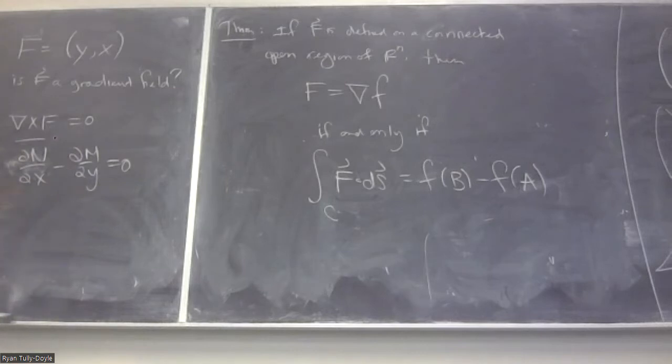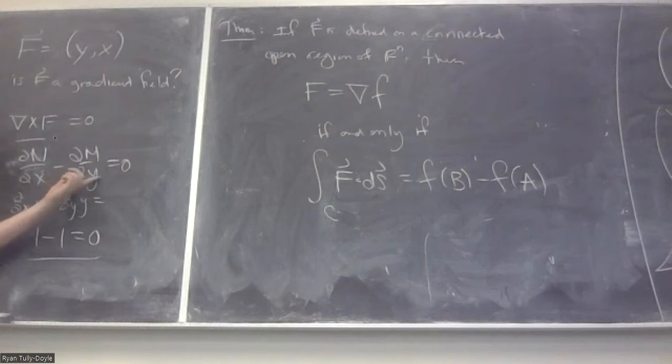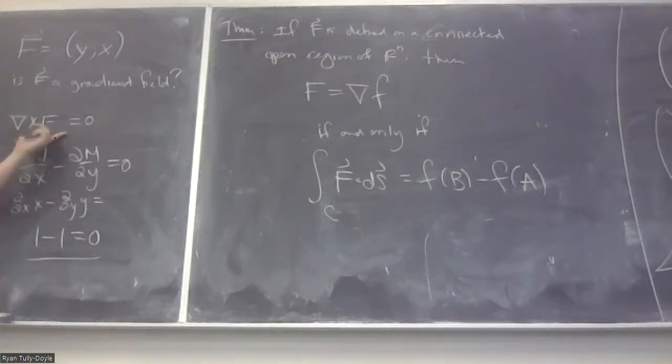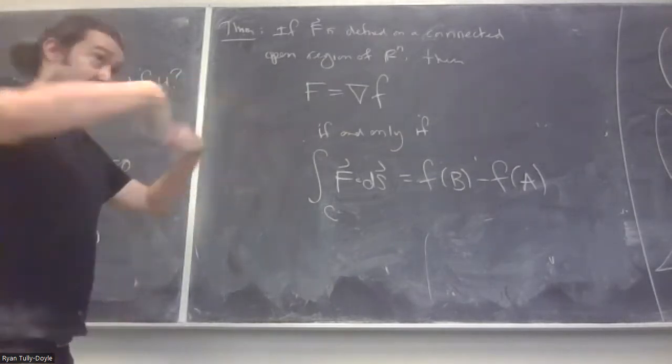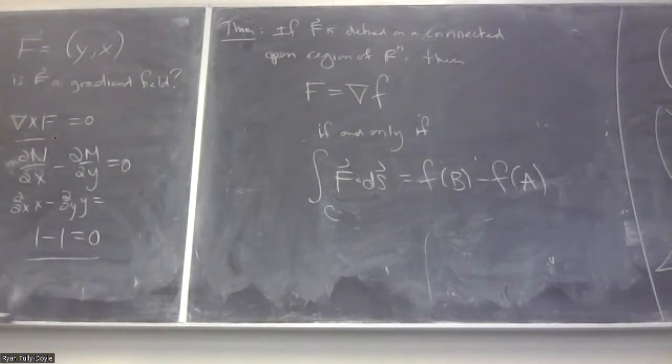So is that true in this case? Sure, right? dn dx in this case is d by dx of x minus d by dy of y, which is 1 minus 1, which is 0. Okay, cool. That means since dn dx minus dm dy was 0, the curl of this thing was 0, which means there's no circulation around any loop, which means that condition of having path independence is going to hold.